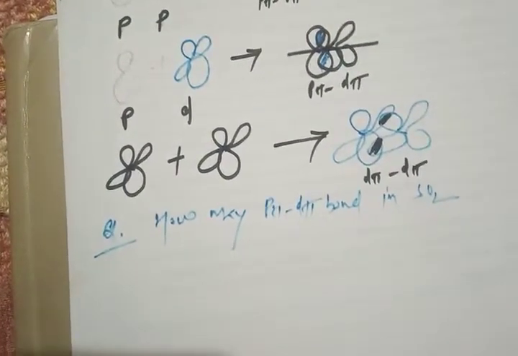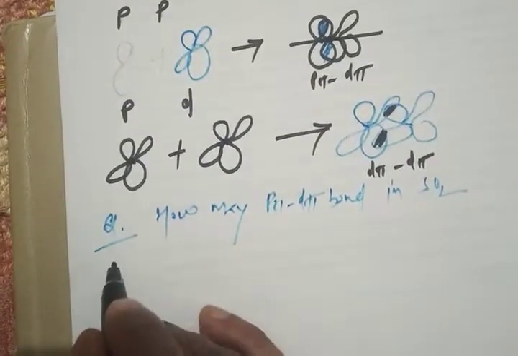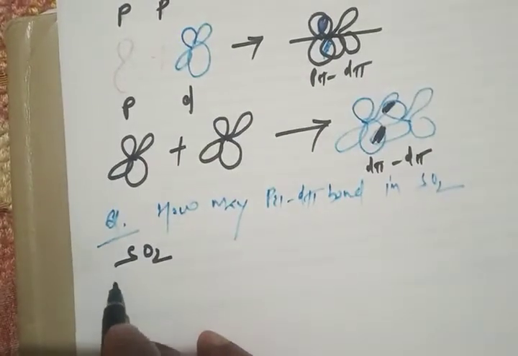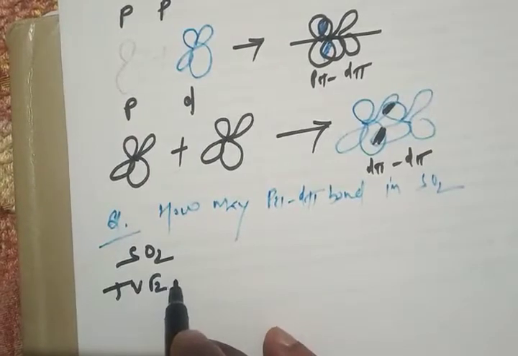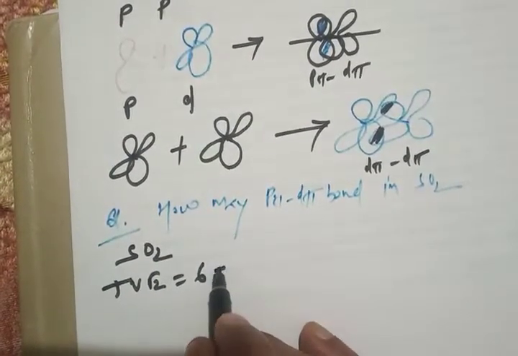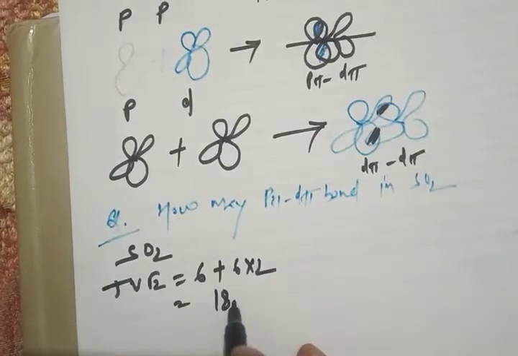Okay, so for sulfur dioxide we will first count the total valence electrons. This is how the Lewis dot structure is formed. So for sulfur it is 6 electrons in the outermost valence shell, then 6 electrons for oxygen. We have 2 oxygen, so total will be 18 electrons.